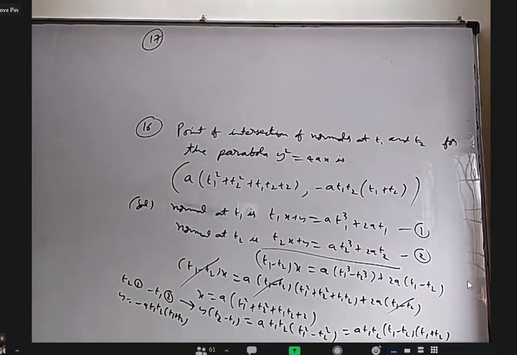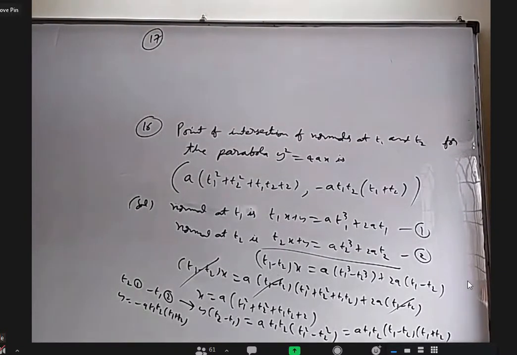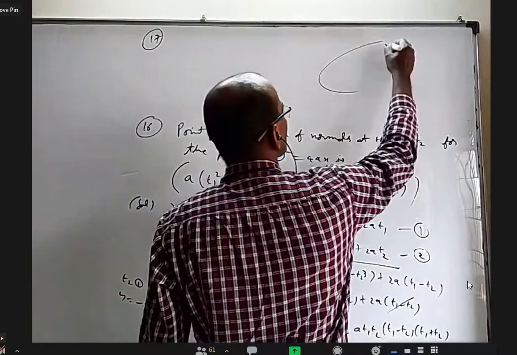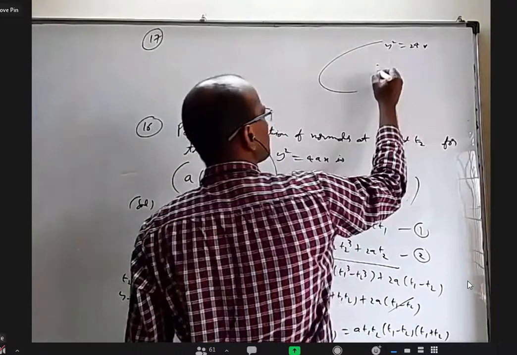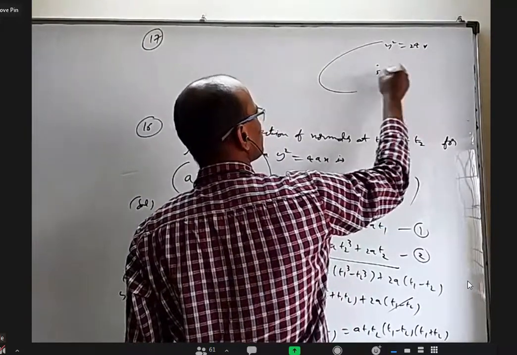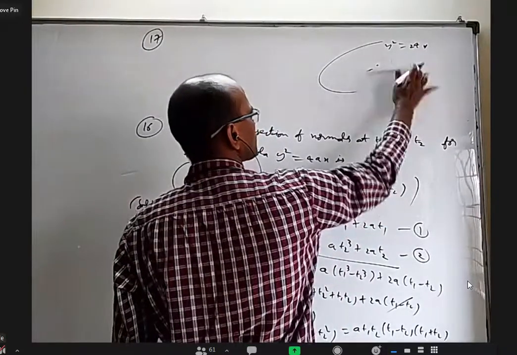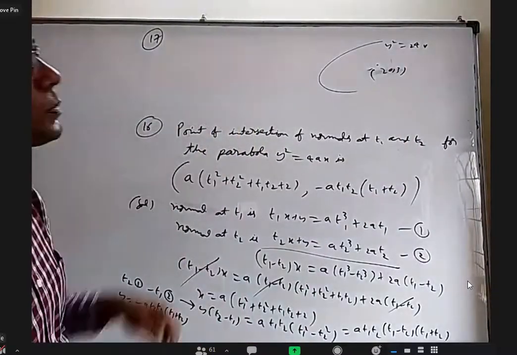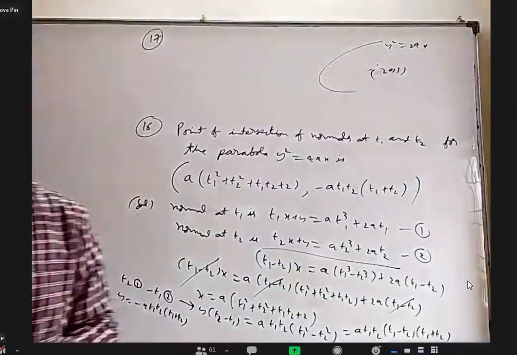Okay, let me ask the question differently. I'll give a parabola y square equal to 24x, and I'll give a point, let us say 5 comma 2, or let us say some 20 comma 3. Find all the normals passing through this point. How will you do the question?